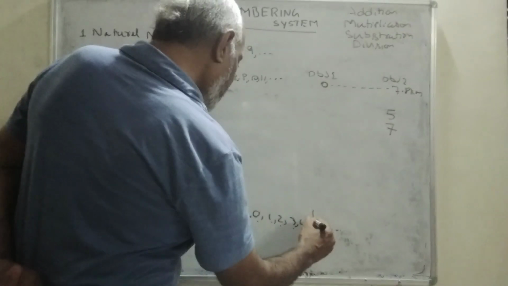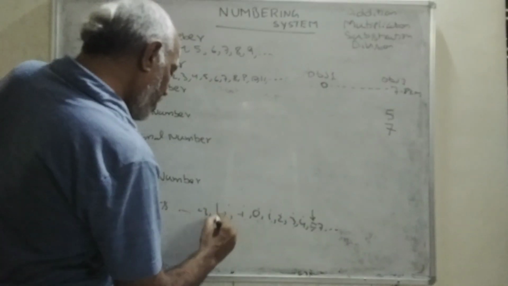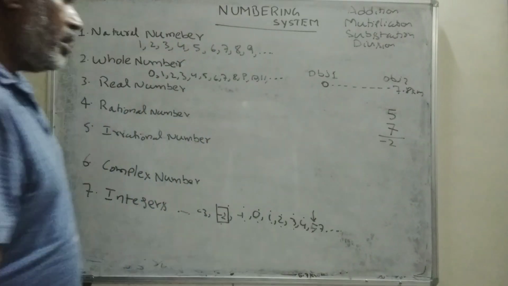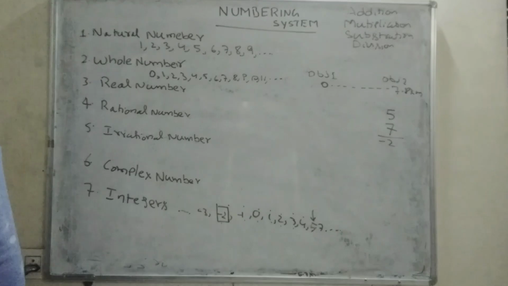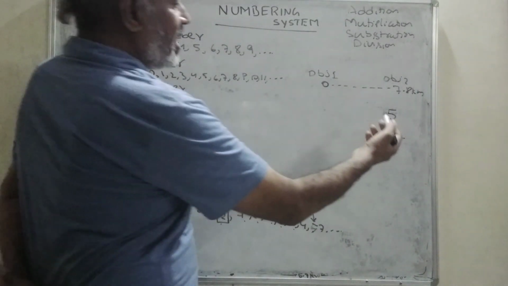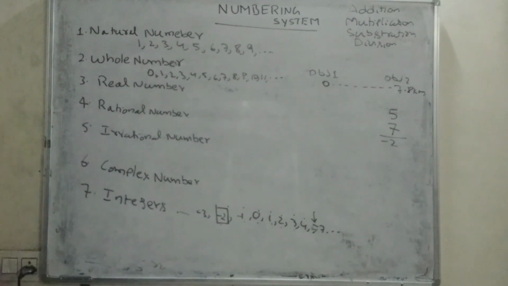This is 5. 1, 2, 3, 4, 5, 6, 7. Minus 2. This is the answer. So the answer is minus 2. Like that, you can do several mathematical subtractions, and a bigger number can be subtracted from a smaller number, giving you a negative value. So that is what is called integers.